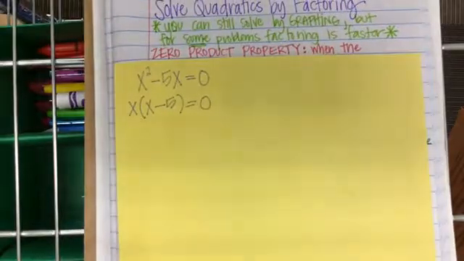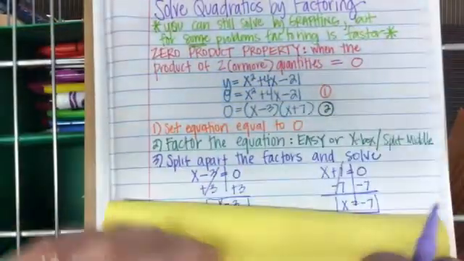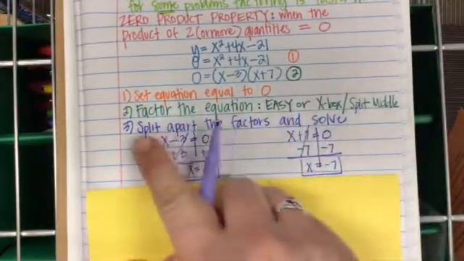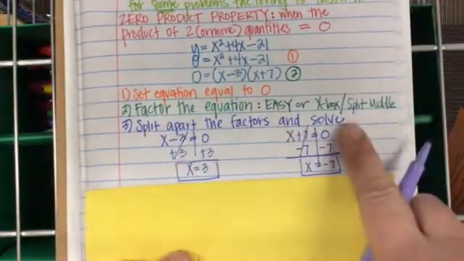And I factored it. Can I continue to factor, or am I done? I'm done. So set it equal to 0, factor the equation, split apart the factors, and solve.